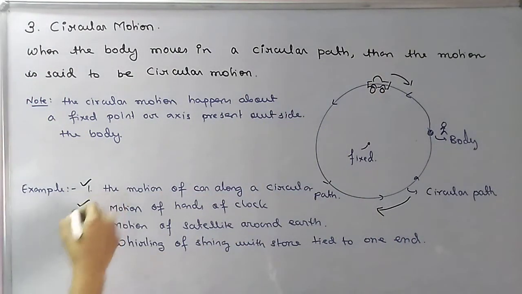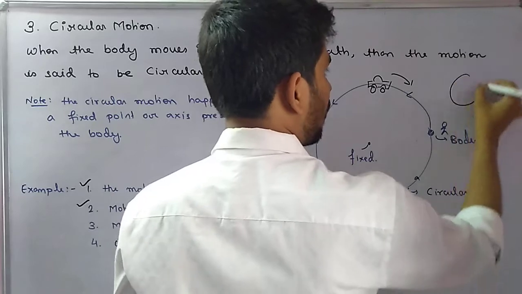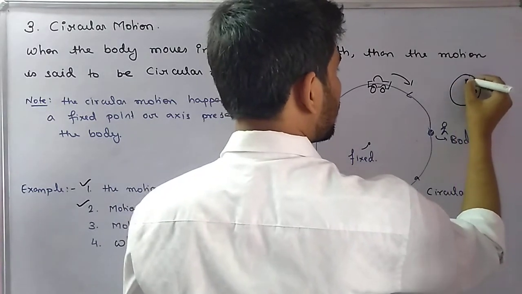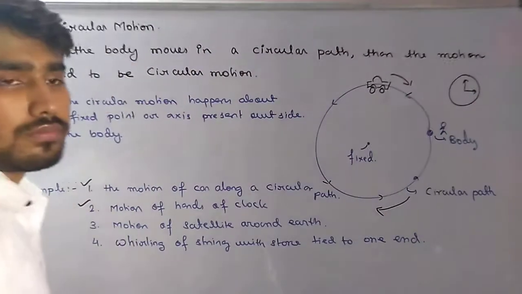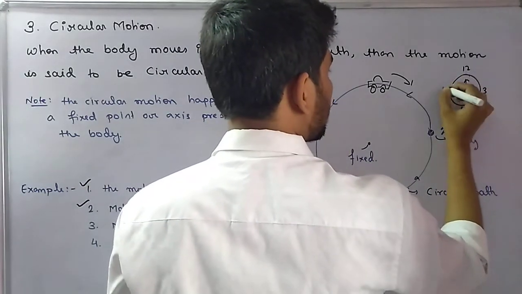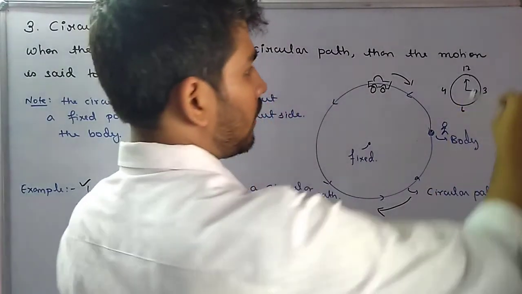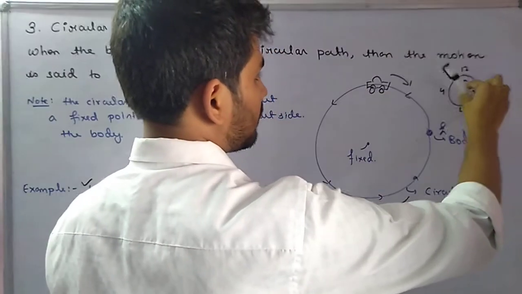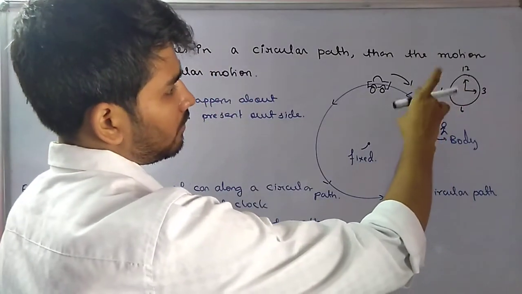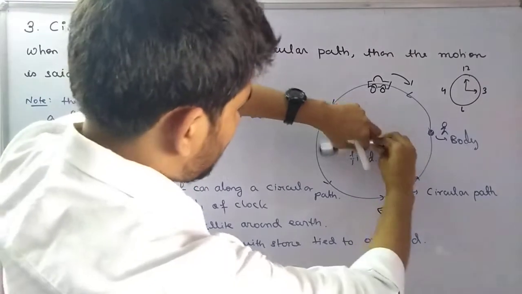Next, the motion of the hands of a clock. We all have seen this kind of clock. The hands of the clock move like this, that is, they are moving in a circular path.